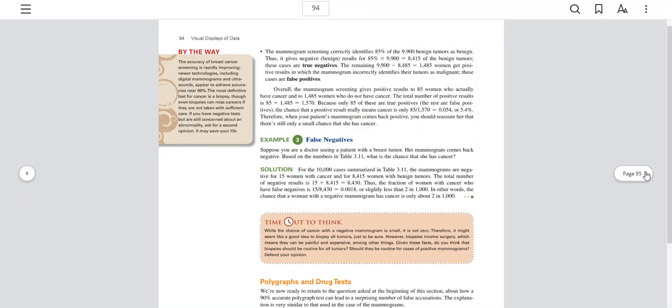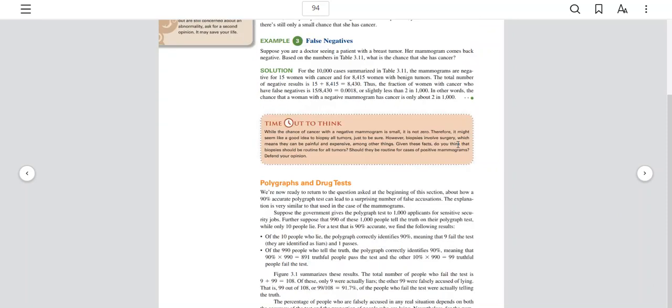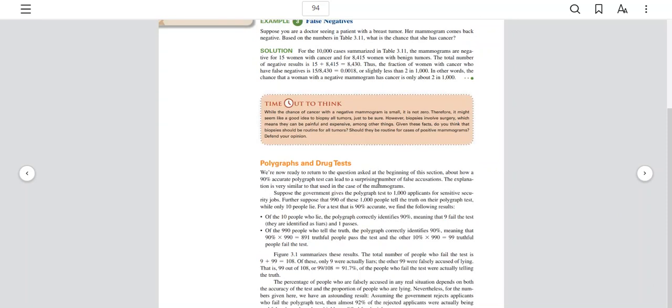Typically where students have trouble is when they talk about these polygraph tests and these drug test things here. And here's an example. It says that suppose the government gives a polygraph test to 1,000 applicants for a security job. So we would want to make sure they're a person that maybe is not on drugs.